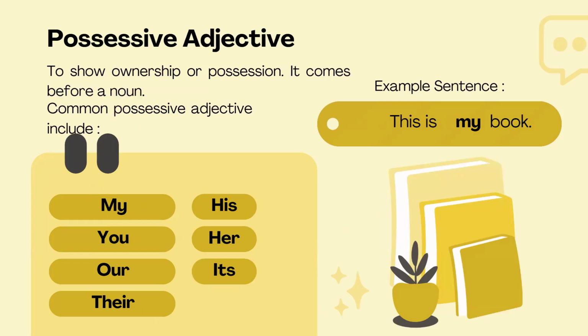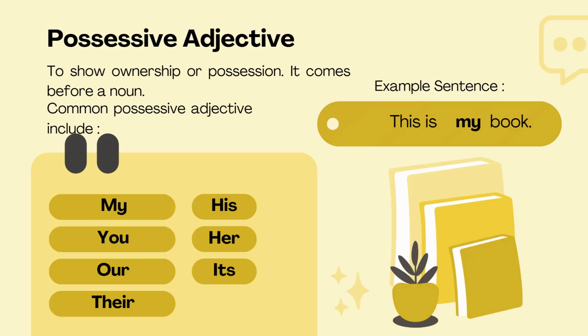Then we have possessive adjectives, which show ownership and possession. Again, just with a small twist, they come before a noun. The common difference between the possessive pronoun and possessive adjective is that a possessive pronoun stands alone and it replaces the noun completely.